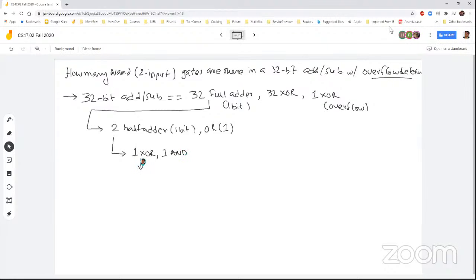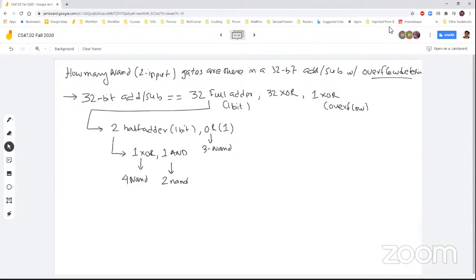This means 4 NAND. This is like 2 NAND. And this is like 3 NAND. Remember the OR is like A or B is A bar, B bar, whole bar. So this boils down to 3 NAND.